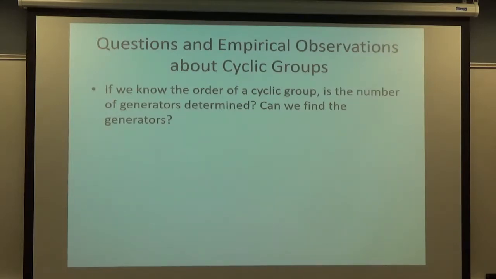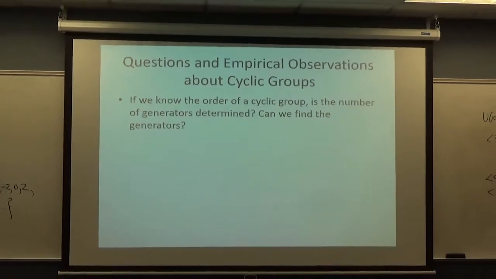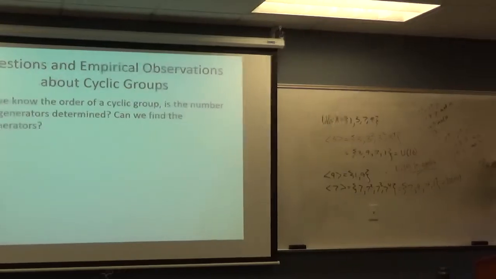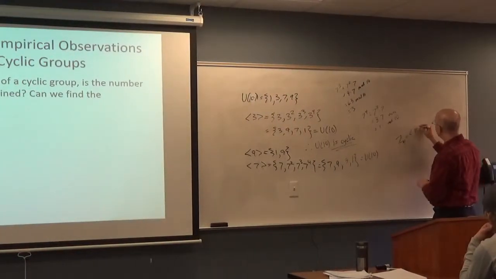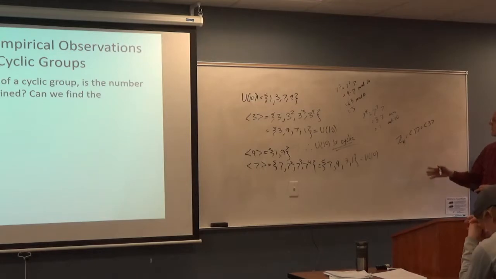We also saw with Z4, just 5 to 10 minutes ago, Z4 was generated by 1 and 3. That's a cyclic group with 4 elements. The order is 4. It's got 2 generators.